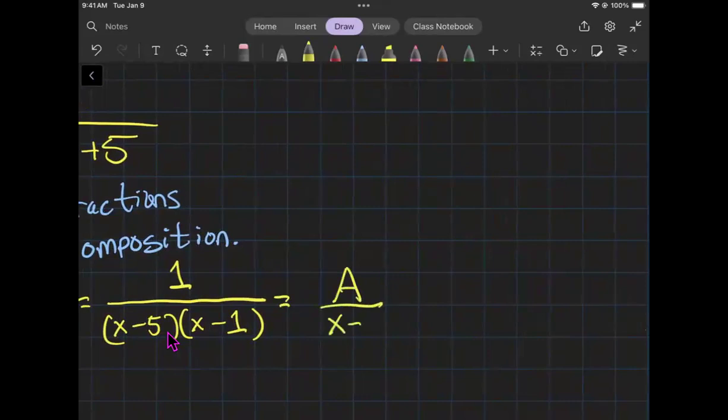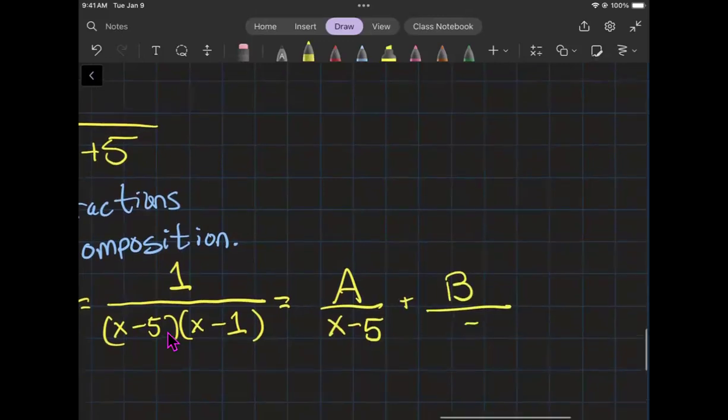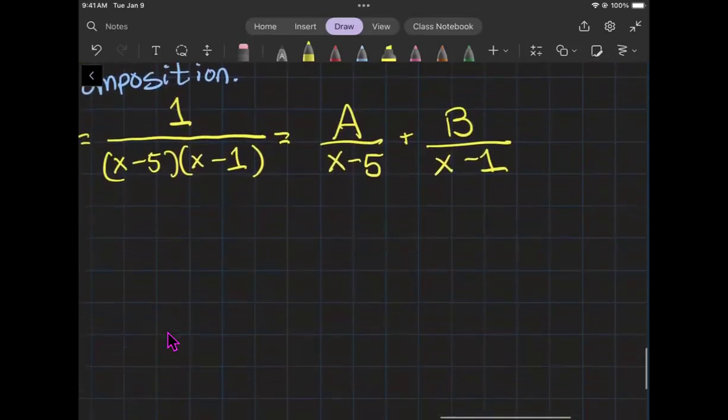A over x minus 5, and then plus a capital B divided by x minus 1, right? Okay.